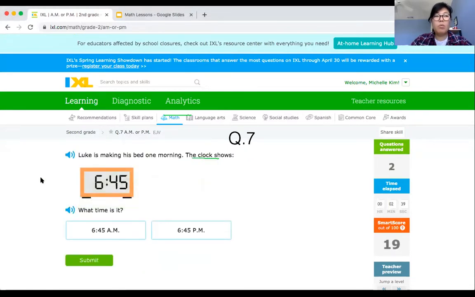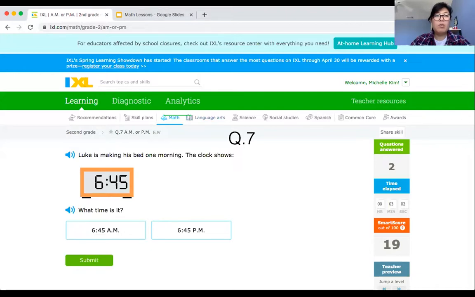We're going to do one more. Let's read the sentence. Luke is making his bed one morning. The clock shows 6:45.